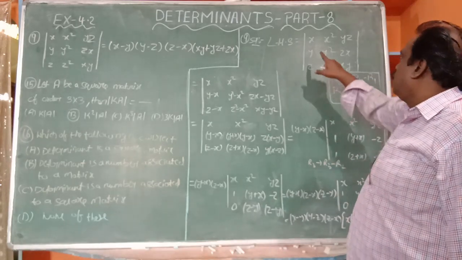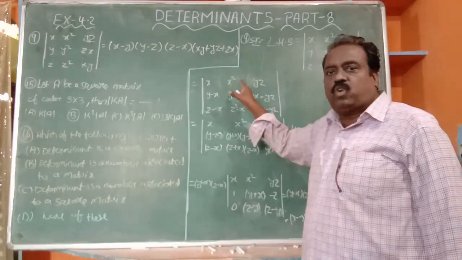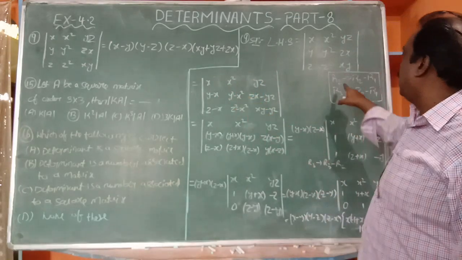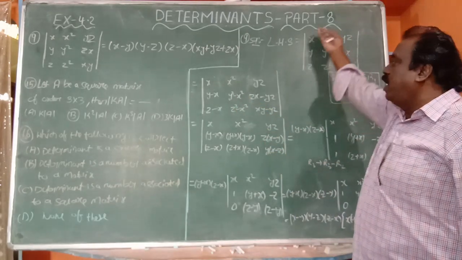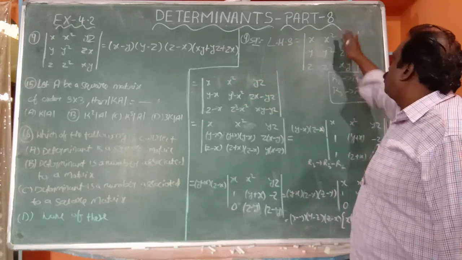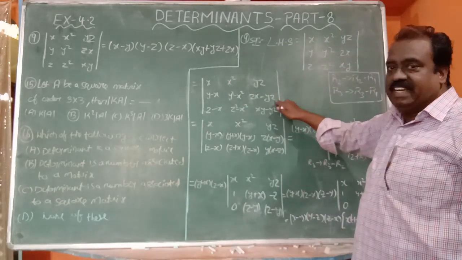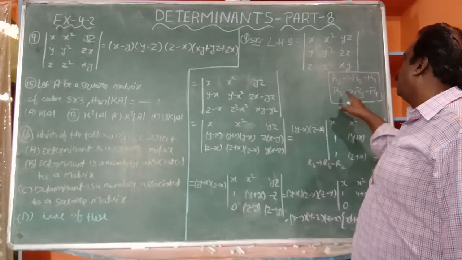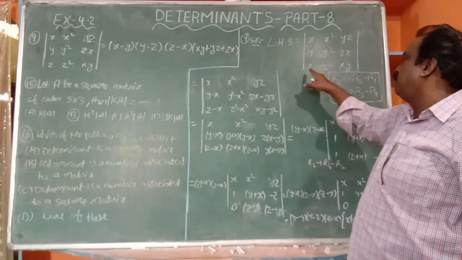So the first row is as it is, x squared, yz. Whereas the second row, that is R2 changes as R2 minus R1: that is y minus x, y squared minus x squared, zx minus yz. Similarly, the third row changes as third row minus first row.